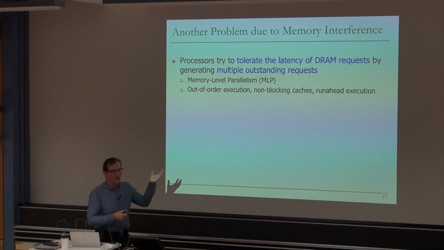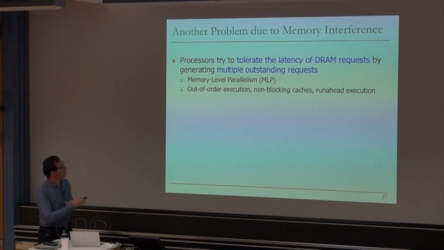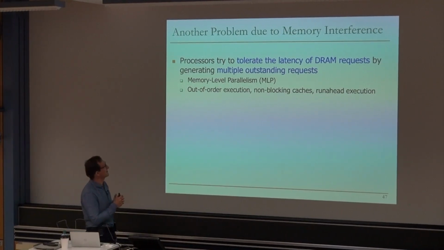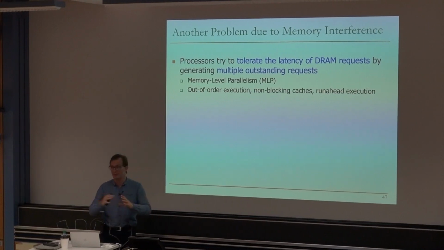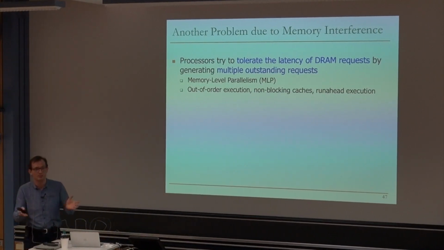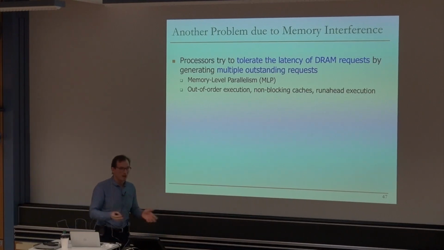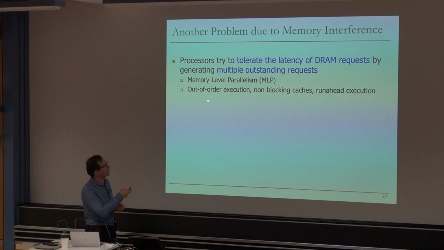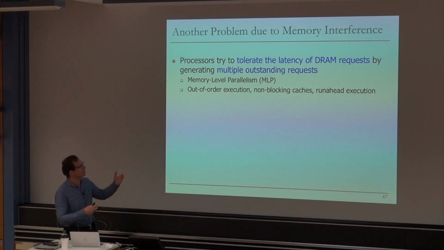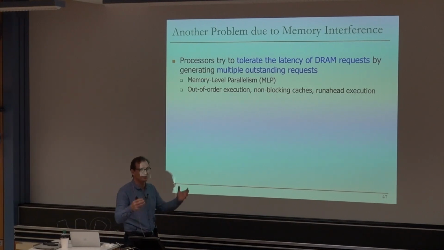If you look at the design of cores, these cores try to tolerate the latency of long latency memory requests, DRAM requests, by generating multiple outstanding requests concurrently. This is the notion of memory level parallelism that we discussed earlier in the course. How do you do this? You basically employ out of order execution of requests. You have non-blocking caches, as we discussed.